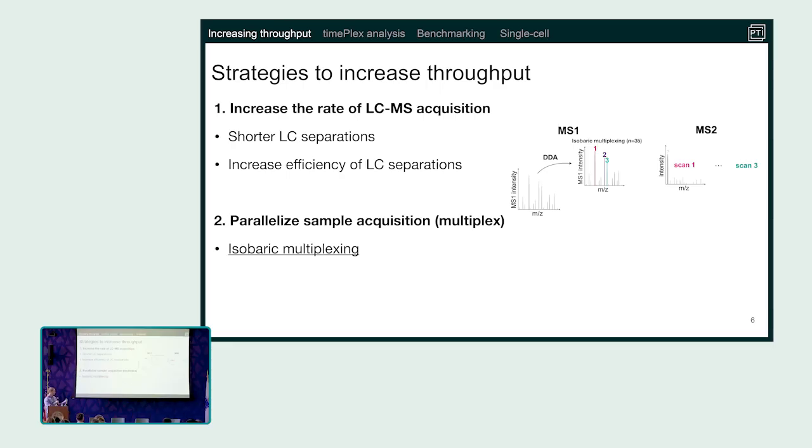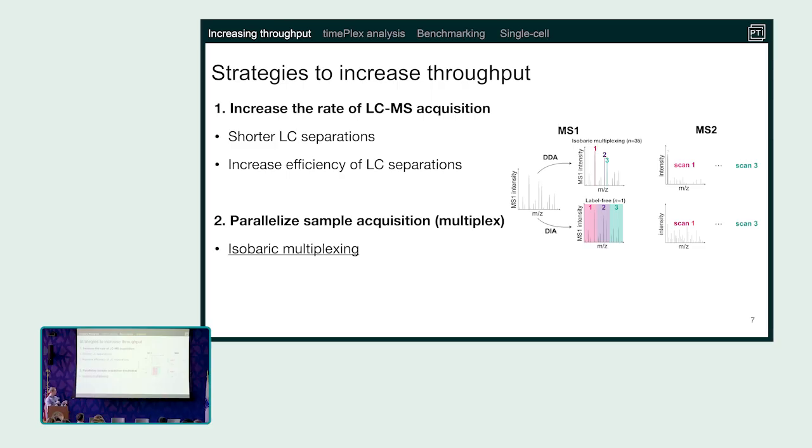This has really high sample multiplexing capacity with a 35-plex, but the coverage you get per unit time has a ceiling on the number of MS2 scans that you can possibly take. So we can scale the sample throughput, but the coverage per unit time comes at a detriment.